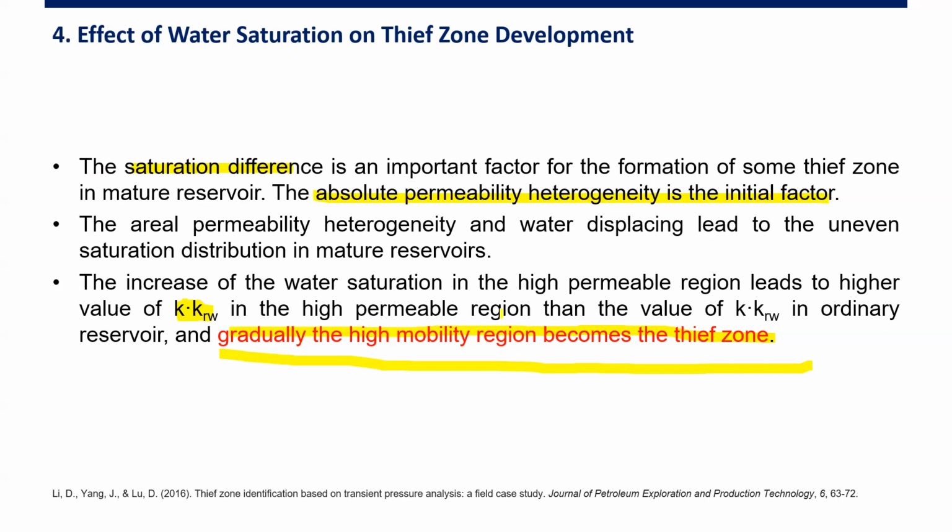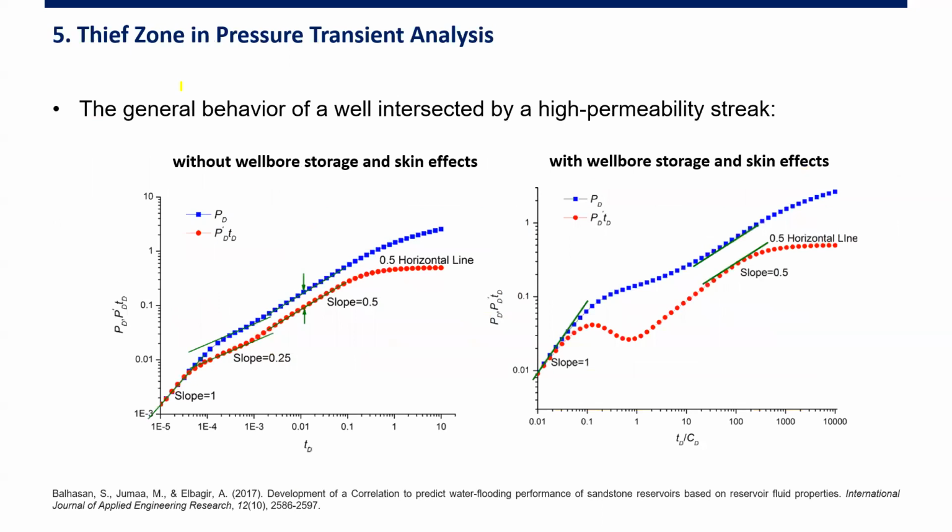Okay. And lastly, the thief zone in pressure transient analysis, you can read it from this paper. Okay, if you perform pressure transient analysis, the general behavior of well intersected by high permeability streak is like this. The left figure is without wellbore storage and skin effects.